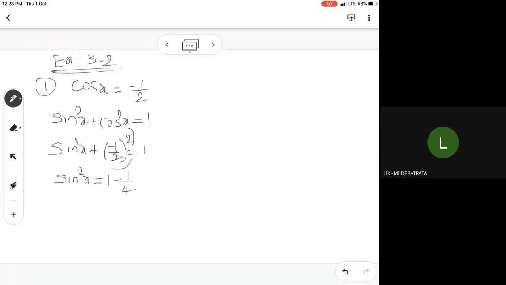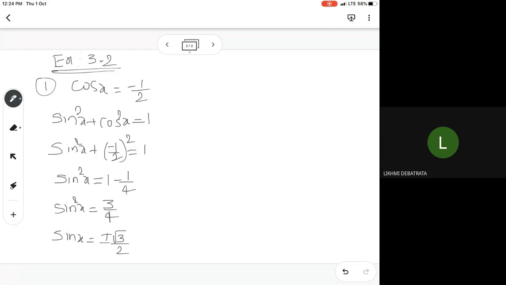Taking it to the right side, minus 1 by 4, we get sine square x is equal to 3 by 4. So sin x is equal to plus or minus root 3 by 2.